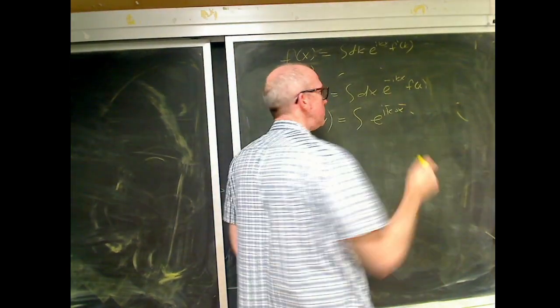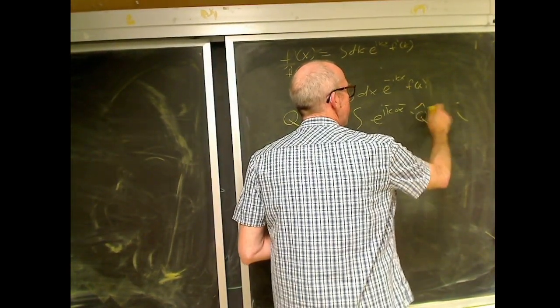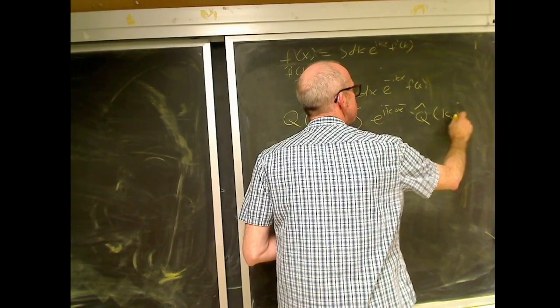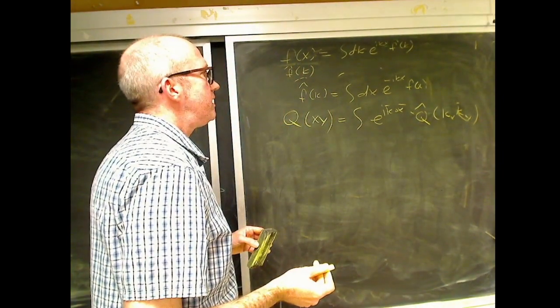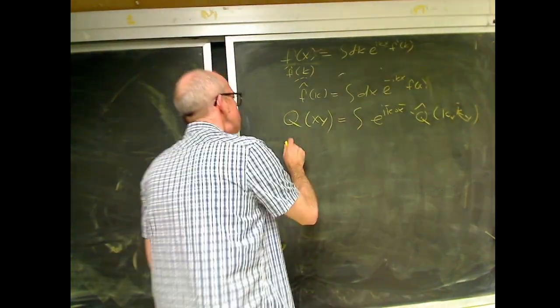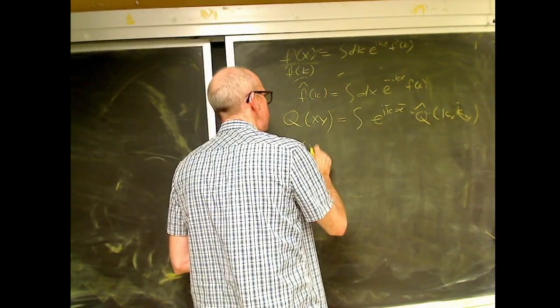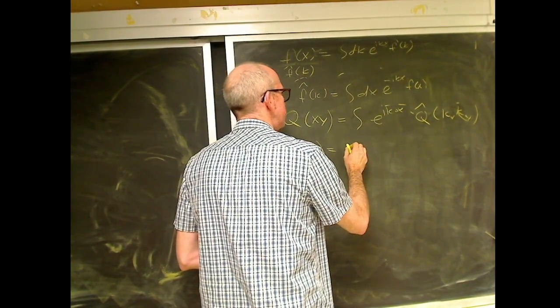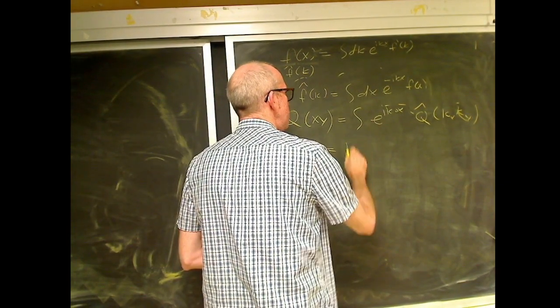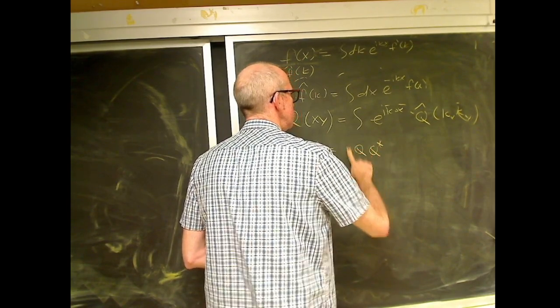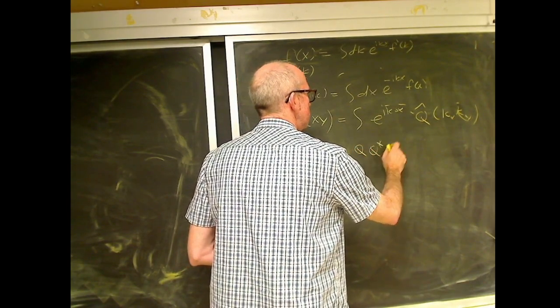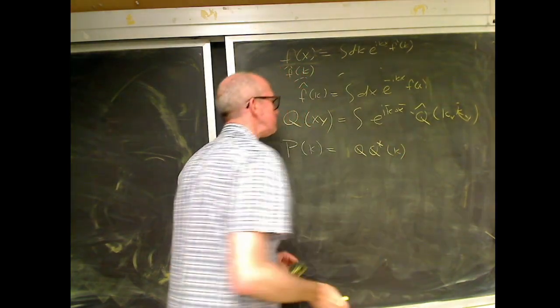Now it's two-dimensional, Q hat of kx and ky. Then the power spectrum, P of k, is Q times Q star, which is a function of k.